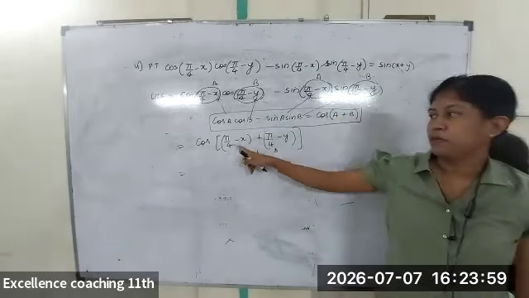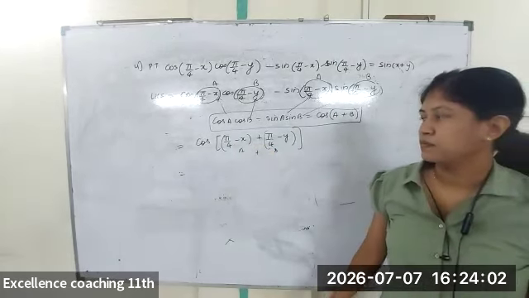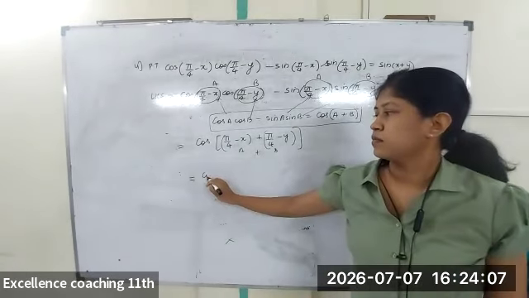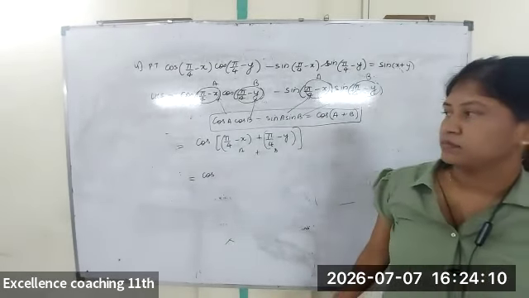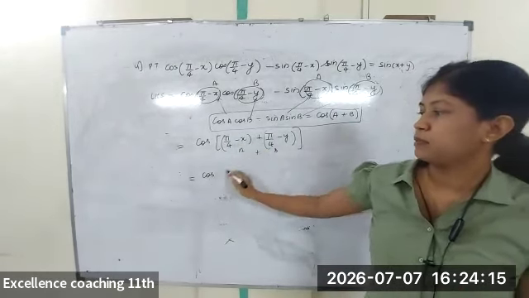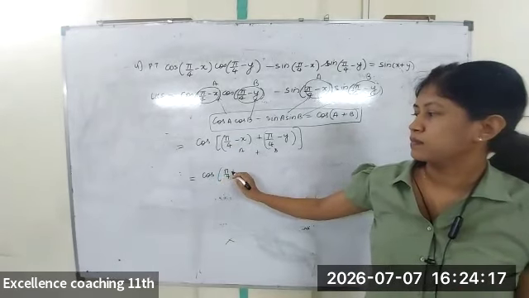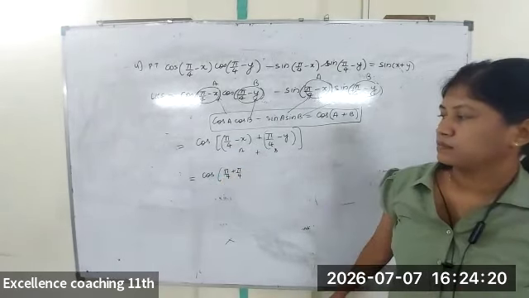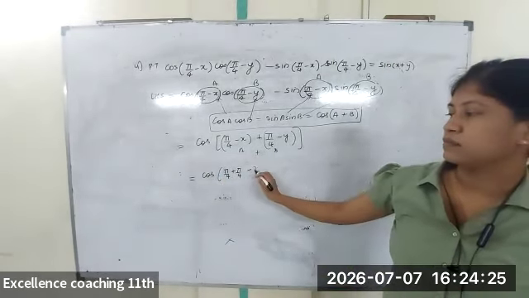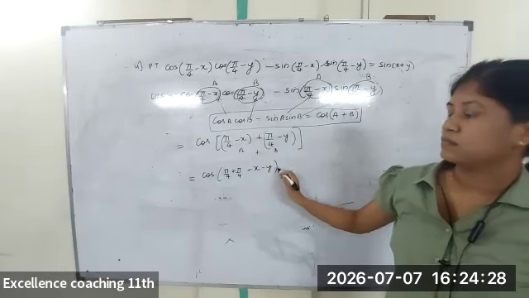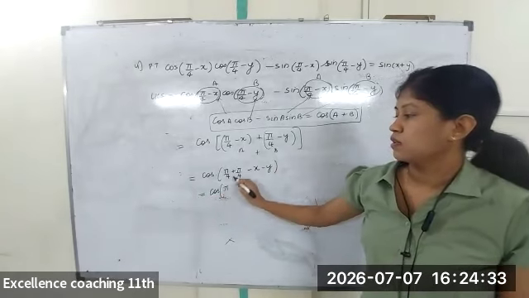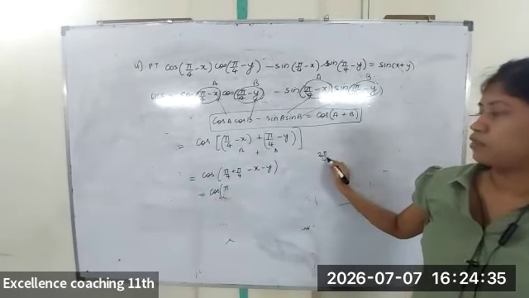And now open up the bracket, normal. Pi by 4 plus pi by 4, so it will be 2 pi by 4.